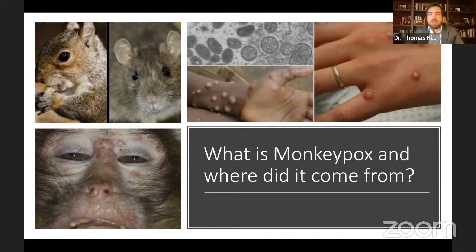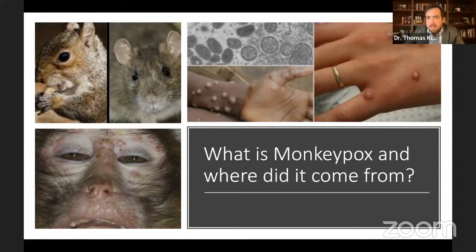In the 1950s, monkeypox was first found in a group of monkeys in Europe that were being used for polio research, and that's where it got its name. And then the first human cases happened in the 1970s in Central Africa.